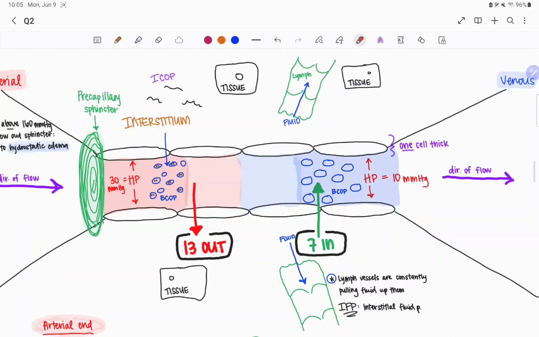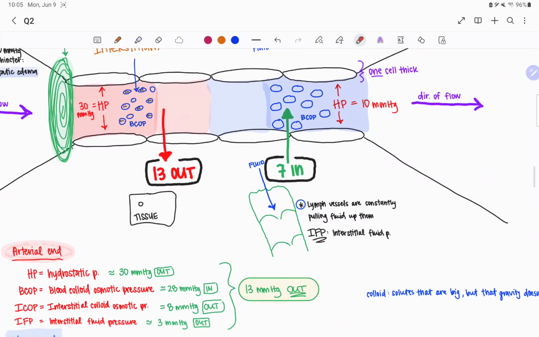And then we also have IFP, which stands for interstitial fluid pressure, right? So as fluid builds up out here, these lymph vessels, these lymph ducts, they're pulling fluid up them, right, to help recycle this fluid and things that are in it.